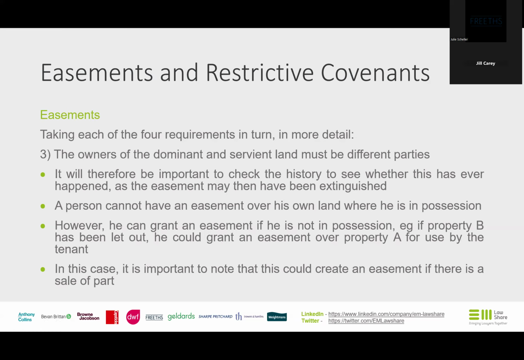So, for example, a landlord could grant an easement over adjacent land for the benefit of his tenants. The classic example you might see there would be if there's a car park, for example, that's adjacent to the property and the spaces aren't being demised as part of the lease. But care would need to be taken when you're doing that, just to make sure that if there's then a sale of part, an unwanted easement doesn't arise.